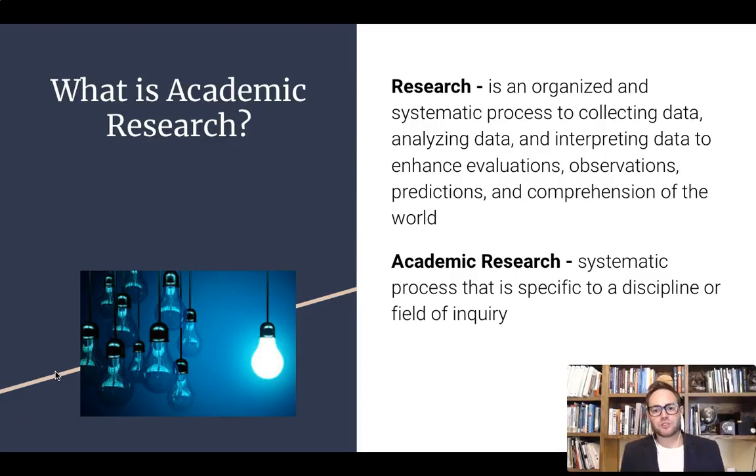Now, most of the research that we do is not rigorous. It's not tied to academic inquiry, but essentially we approach every day with questions, with certain challenges, and we have to collect that data, analyze that data, interpret that data, and to really make informed decisions.